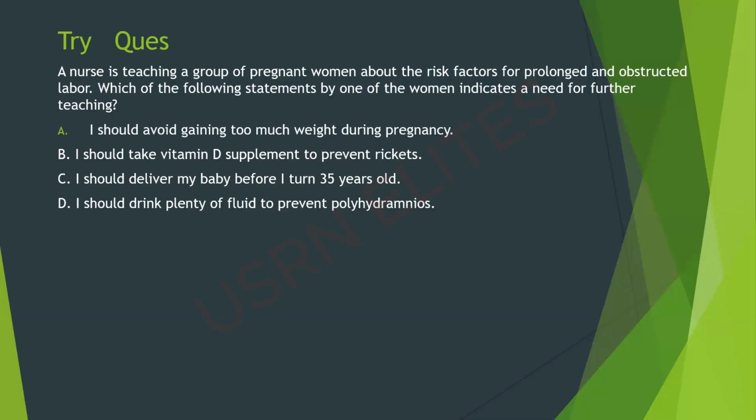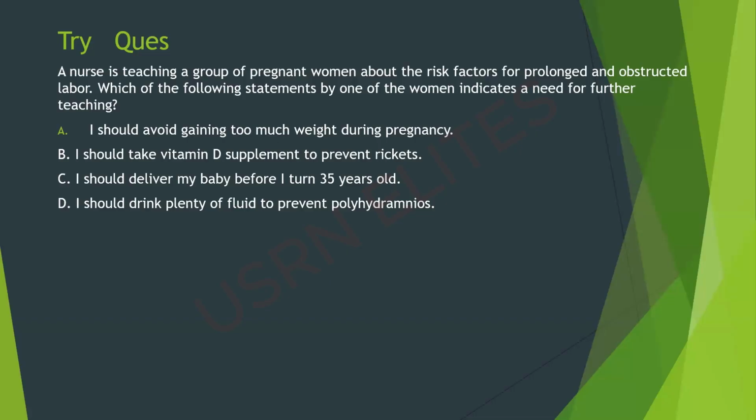Yes, so sorry. A nurse is teaching a group of pregnant women about the risk factors of prolonged and obstructed labor. Which of the following statements by one of the women indicates a need for further teaching? So the qualifying word or the modifier is prolonged and obstructed labor. The one that indicates further teaching.